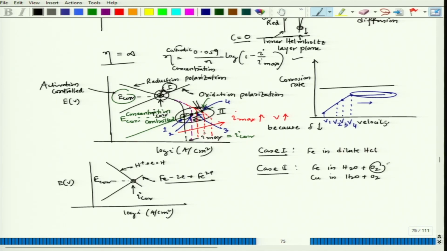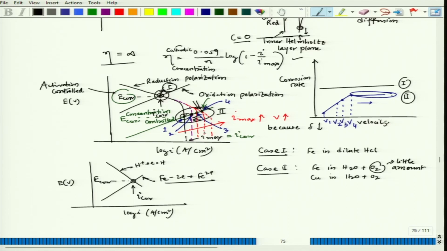So, this O2, which is the dissolved oxygen, is a little amount. Then this behavior can be noticed, where the interaction would be between the activation controlled anodic dissolution and the concentration controlled cathodic process. So, then we can get such behavior, which is case 2, this is case 1.